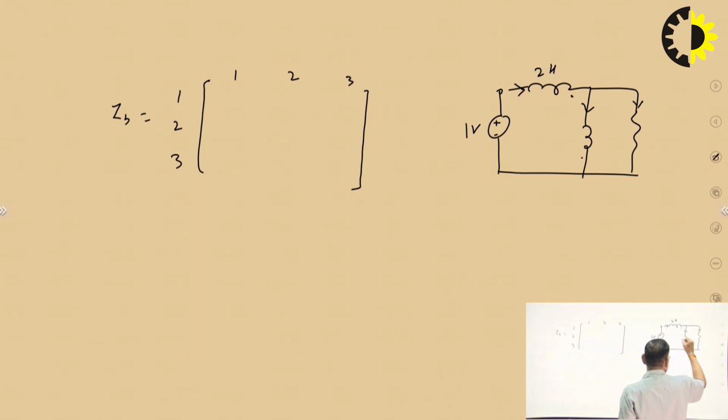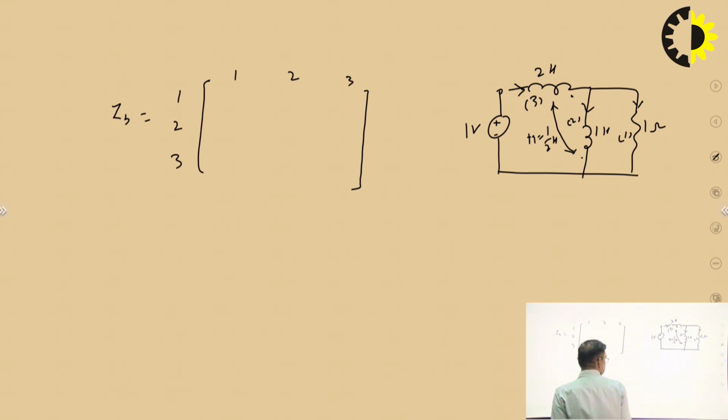This is the mutual inductance, which is half Henry. It is of 1 ohm, and this is 1 Henry, 2 Henry. This is branch number 1, this is branch number 2, and this is branch number 3.